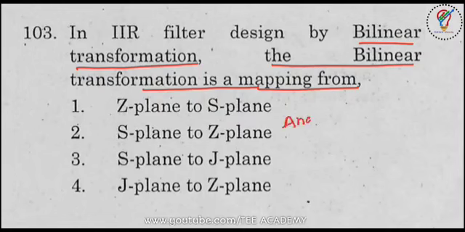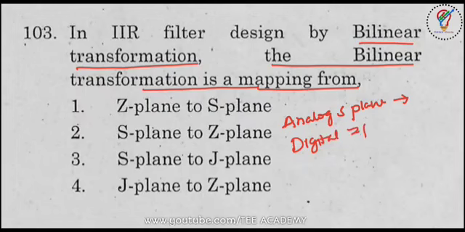This mapping maps analog poles to digital poles and analog zeros to digital zeros.